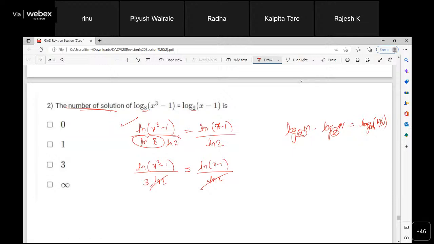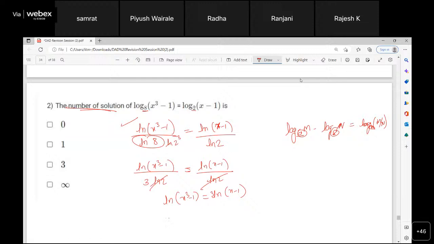No, x equals 1. If you put x equals 1, you will get 0. So what we do is we say ln of x cube minus 1 is equal to 3 times ln of x minus 1, or ln of x minus 1 the whole cube. 3 will go on this side, right?